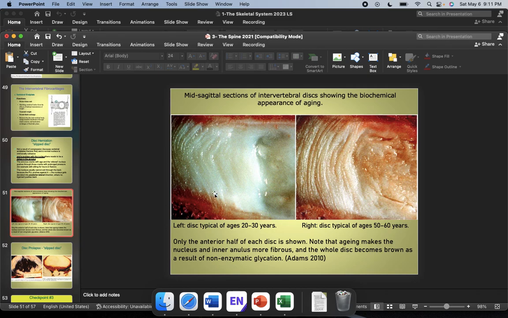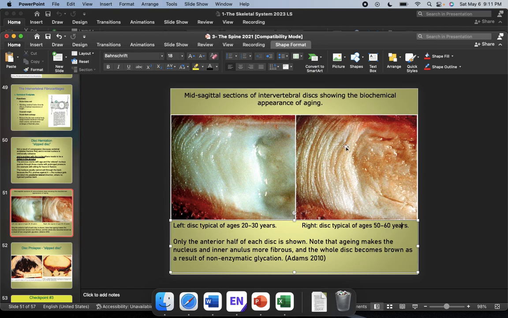Last slide here, just to show that over time, these discs lose their structural integrity. This is in a younger person, and this is in a relatively older person. Look at the water content, look at the smoothness of this, and then when you compare it with this picture, notice how it's more fibrotic, more dehydrated.